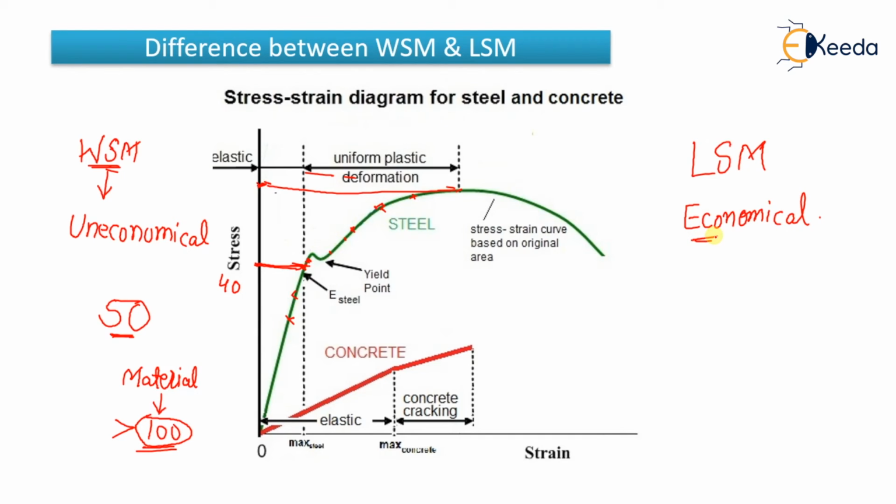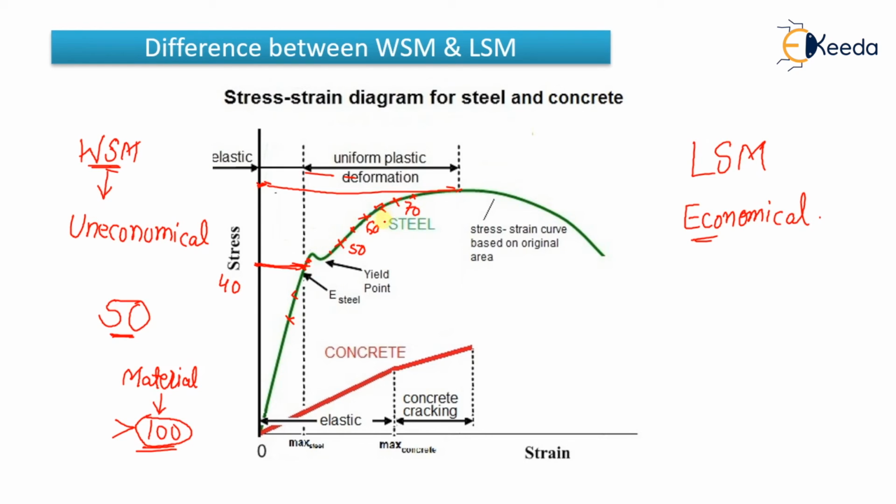And in case of the working stress method, one more point I want to tell you, that the actual strength, its actual capacity, is never known. As I told you, you are not allowing it to go beyond this point. Maybe it may go up to 50, maybe 60, maybe it may go up to 70.